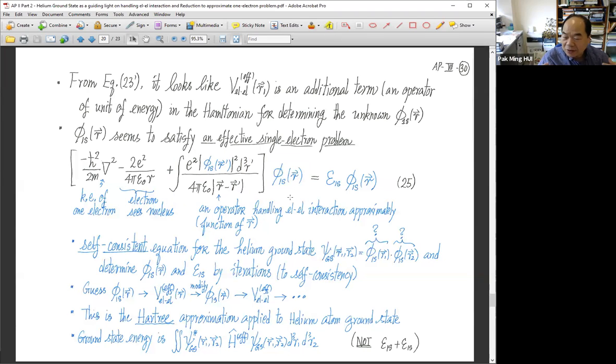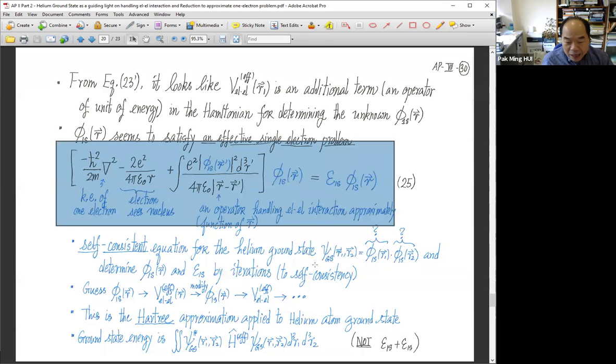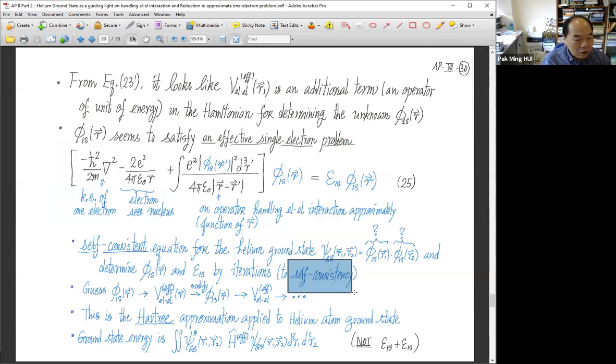And that leads us to the self-consistent idea. We want to solve this, however, this potential energy term also needs the solution. So we have to solve these equations in a punchline way, self-consistently, okay? That asks for self-consistency.